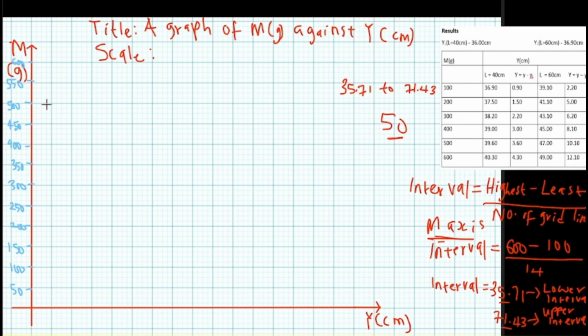So this is what we have for our vertical. You can see it was able to cover everything on our vertical axis, or on our vertical column here. So this is our scale for the vertical.